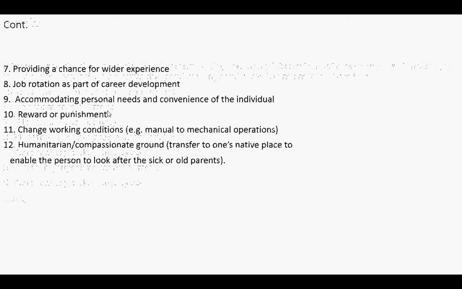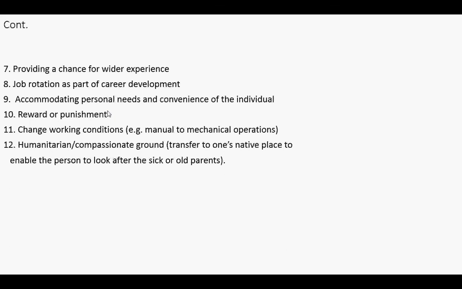Job rotation is a part of career development. Other reasons include accommodating personal needs and convenience of an employee, reward or punishment, and changing working conditions. Working conditions may change due to the advancement of technology, maybe mechanical operations have advanced. Another reason is humanitarian or compassionate ground.